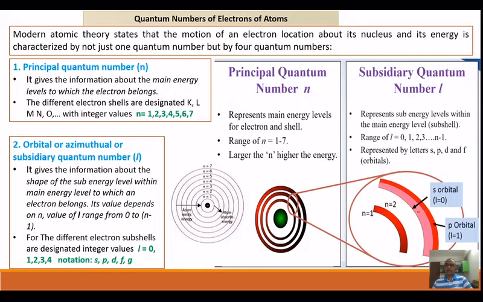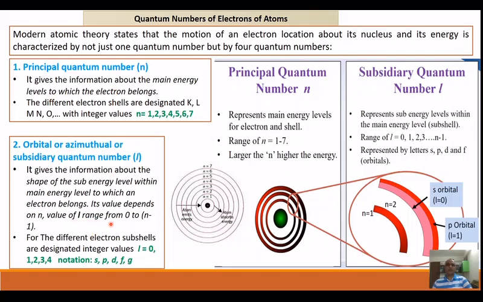Inside this, there are suborbitals. It gives the information about the shape of the sub-energy level within the main energy level to which an electron belongs. Its value depends on n also, that is the principal quantum number.